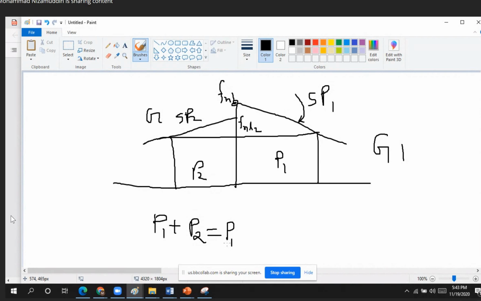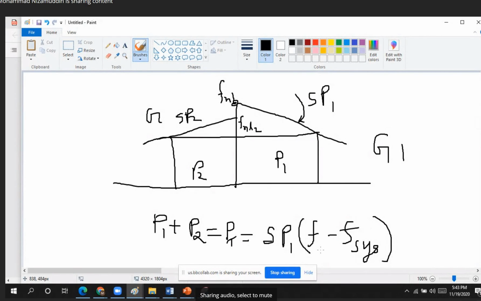The no-load frequency is given for both of them, and SP1 is given. Frequency, can anyone remember the formula? This is the system frequency, this is the no-load frequency. This is for the first one, P1.